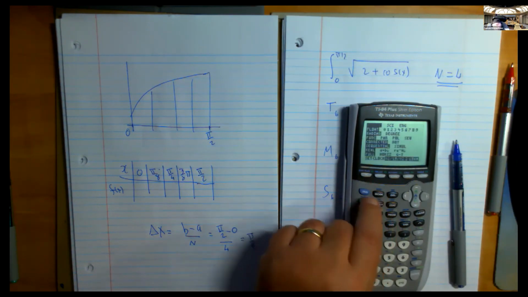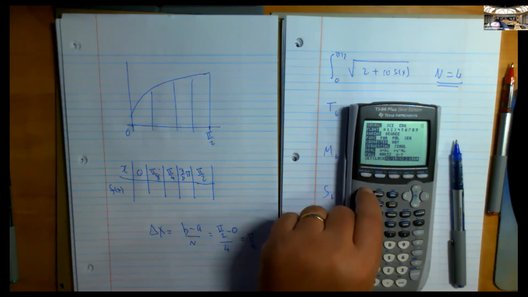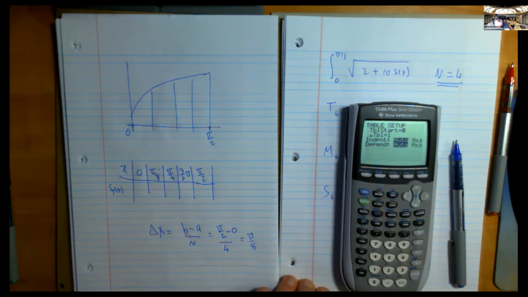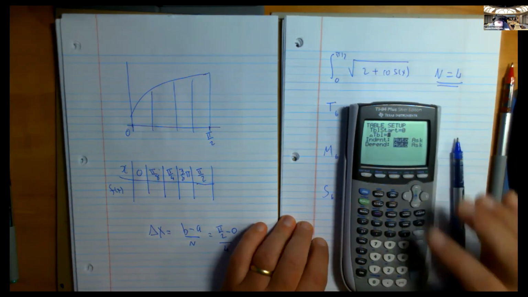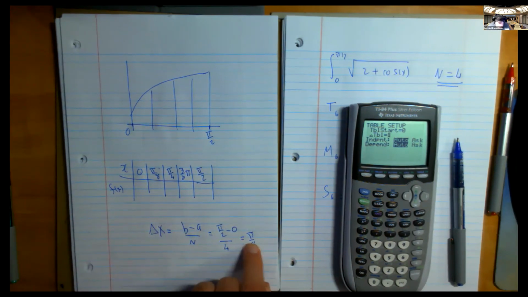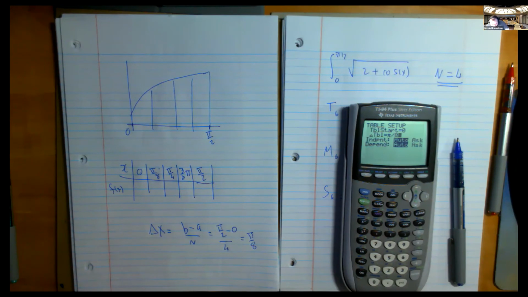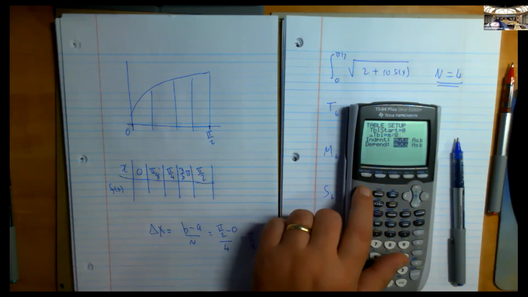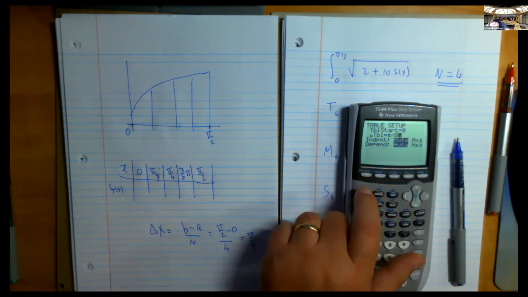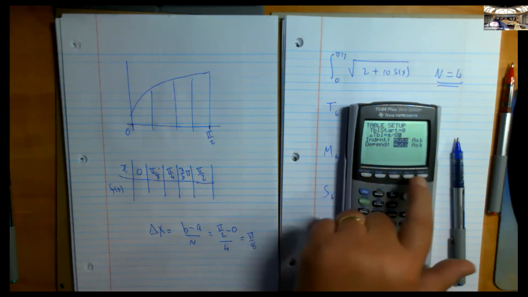Make sure I'm in radians, which I am. And then you go second table setup, and I'm going to start at 0, and I'm going to go up in pi upon 8s. And then I can just read off the answers. So second table at the end.